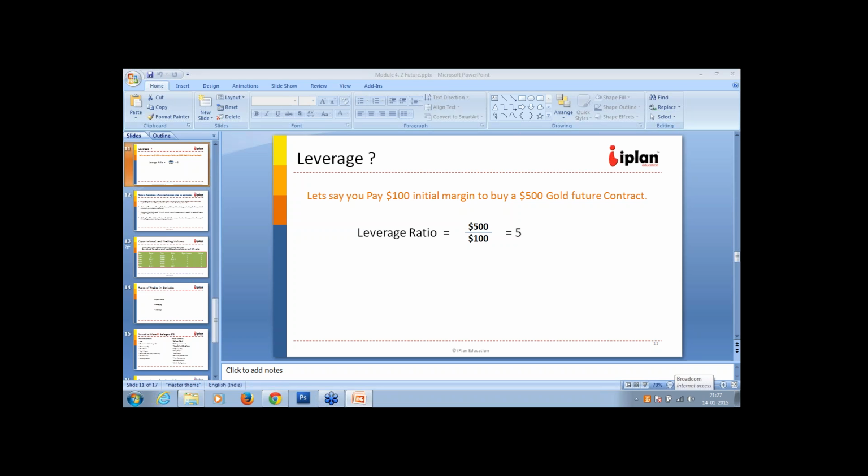It's not an assignment, it's a small request: please visit the websites of these exchanges, look at a few contract specifications, and understand what margin is required to trade that contract.